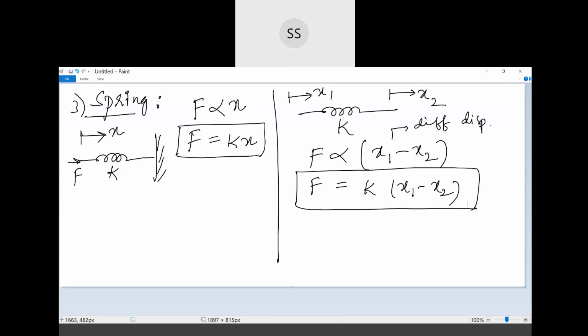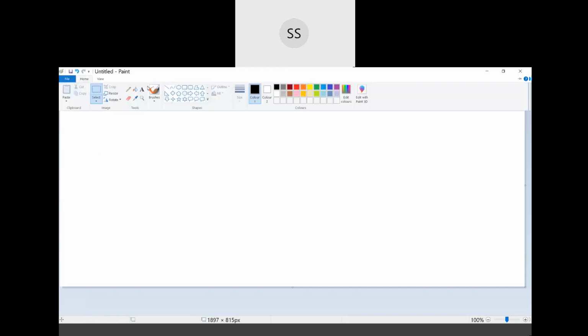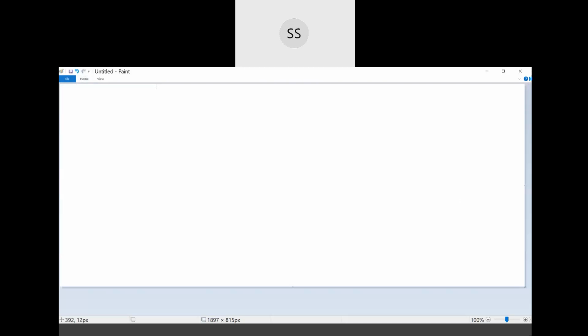First is the mass element, second is the damper element, and third is the spring element. So what are the different symbols that we are using in mechanical translational systems?